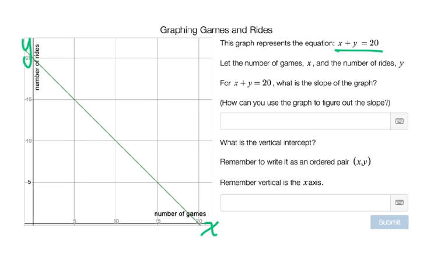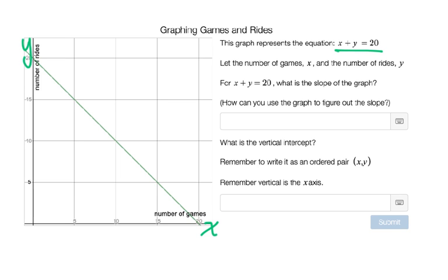I want to quickly go through it on this slide, but I also want to reference the video I did on the review of slope and y and x intercepts. So if you need to, pause this video, go watch that one, and then come back and do this one, that would be fine as well.